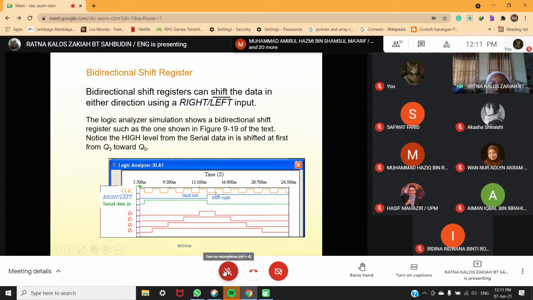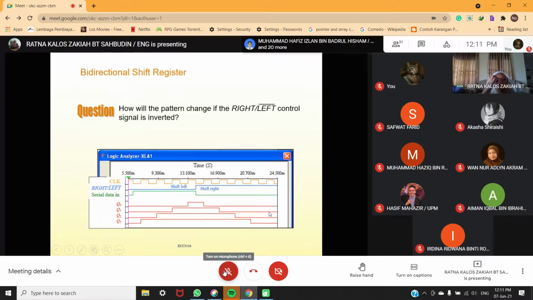Okay, this one is already shift to the right. So it's going down, going down, going down, going down. Right? Okay. So now question, how will the pattern change if now right or left control signal is inverted? So what is the output like?